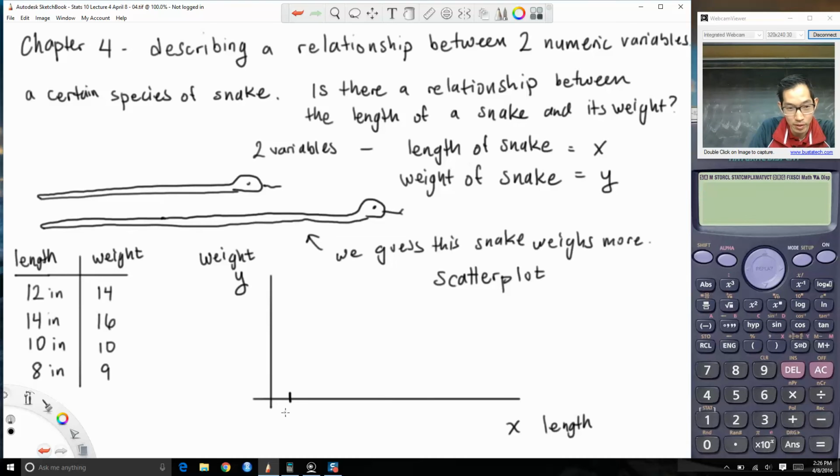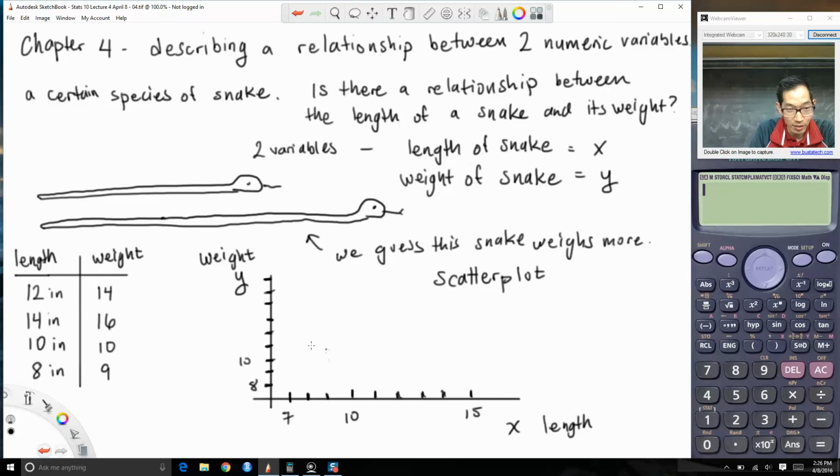So I'll start off at 7, 8, 9, 10, 11, 12, 13, 14, 15, okay, and then 8, 9, 10, 11, 12, 13, 14, 15, 16, okay.